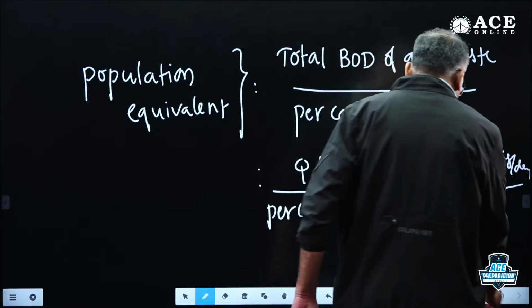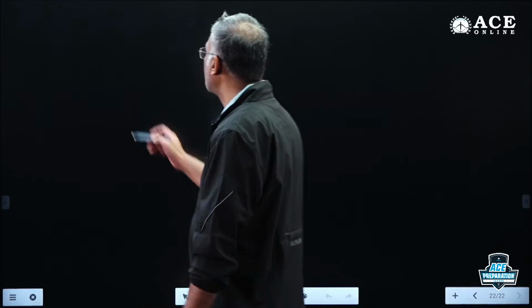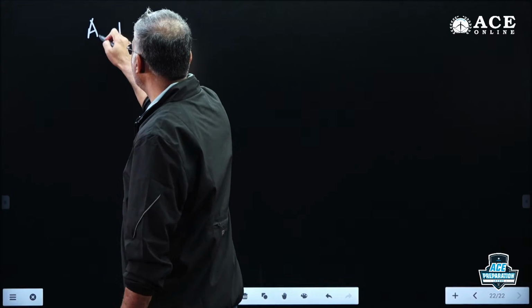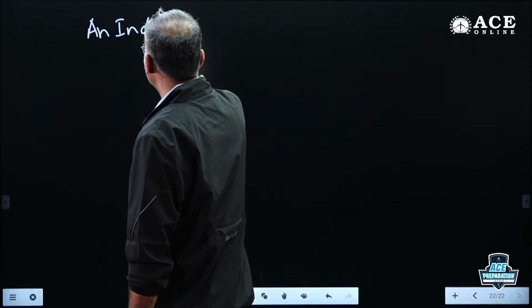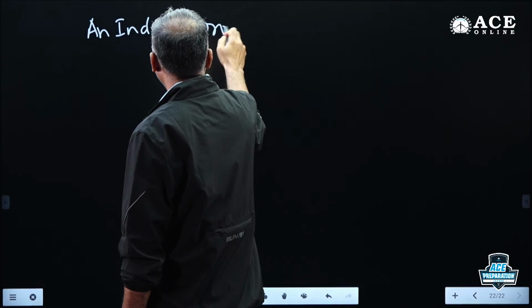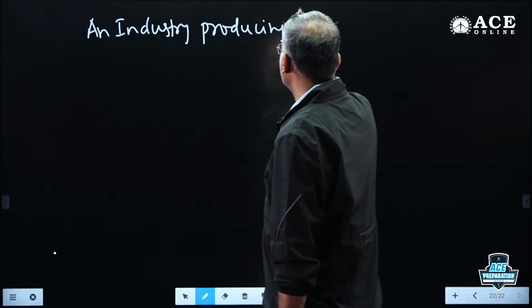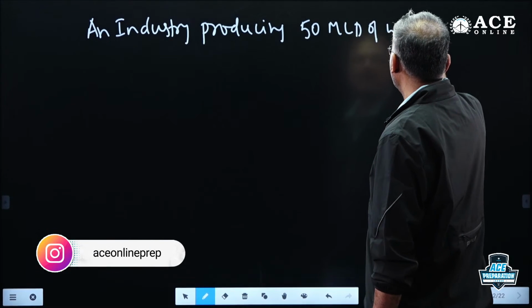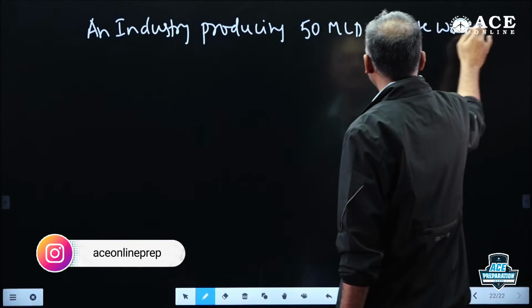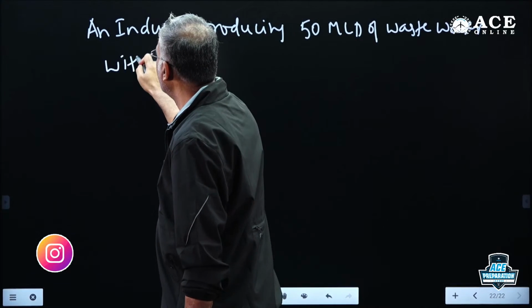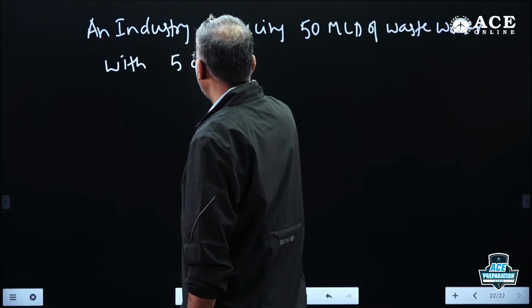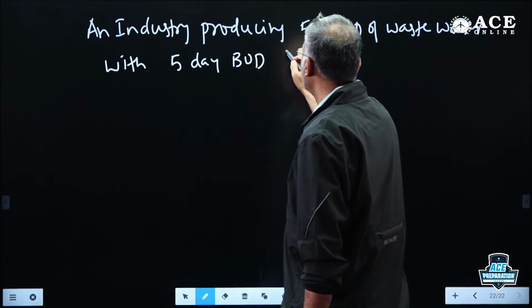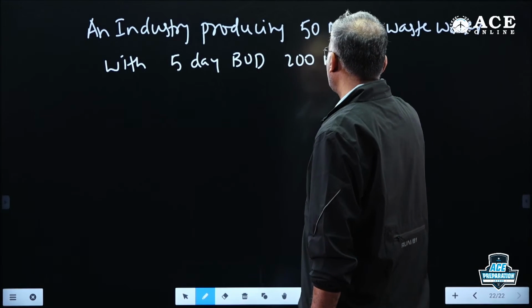So let us take one problem, for example. An industry producing 50 MLD of wastewater with a 5-day BOD of 200 milligram per liter.